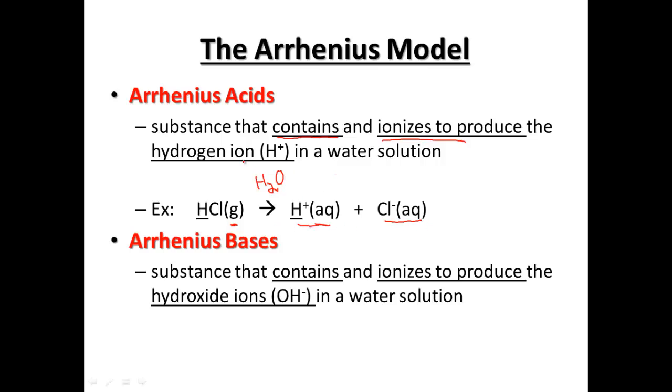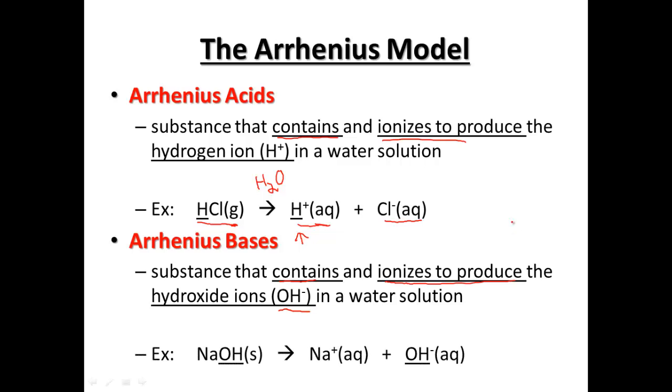In this case the HCl is an acid because it produces H plus ions. The Arrhenius bases are substances that contain and ionize to produce OH, or hydroxide ions, in water solutions.